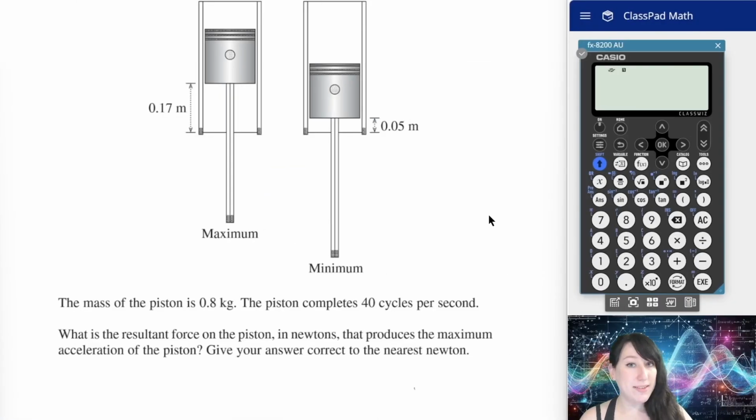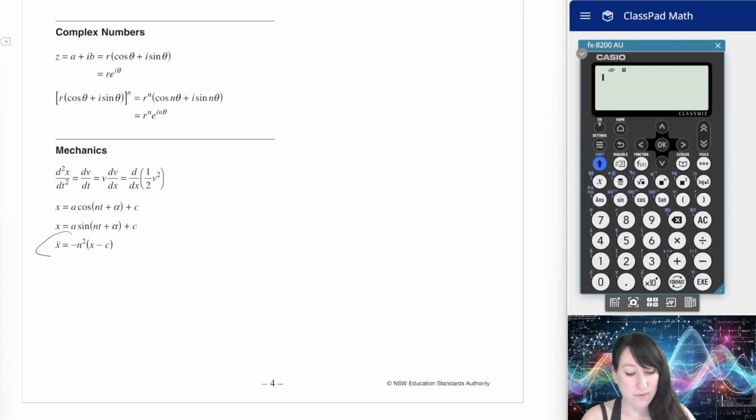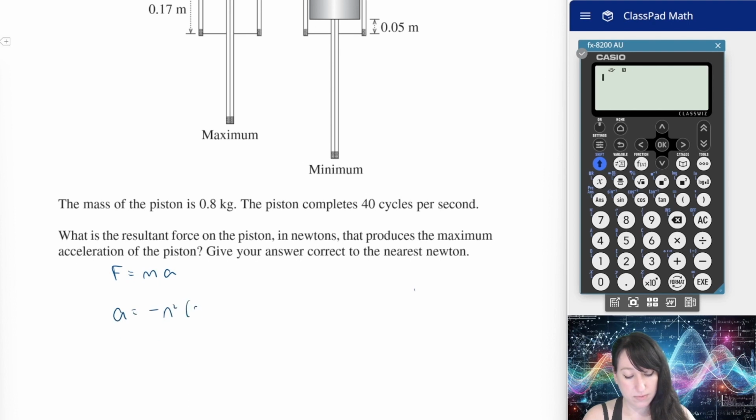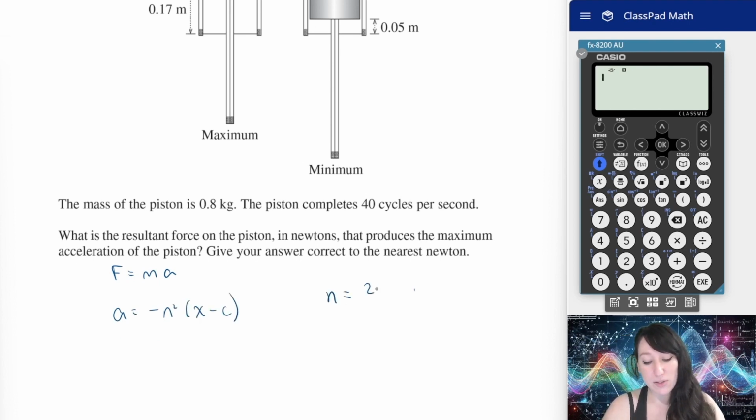Alright, so we're working with simple harmonic motion here. And we're working with force and acceleration. We know that F equals ma. Now, for simple harmonic motion, we have acceleration equals negative n squared times x minus c. Remember, we can find n by taking 2 pi divided by the period.